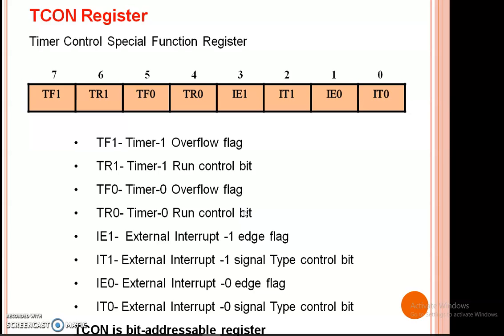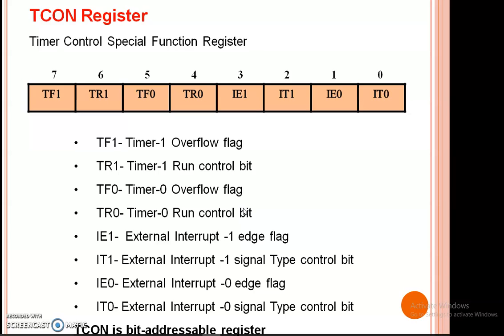So seeing IE1 equal to 1 means the microcontroller got an interrupt from the INT1 pin. And what is IT1? IT is nothing but interrupt type. Here we can specify what type of signal you are sending as an interrupt. If IT1 is equal to 1, you are using edge triggering signal type. If IT1 is equal to 0, you are using level triggering signal type.